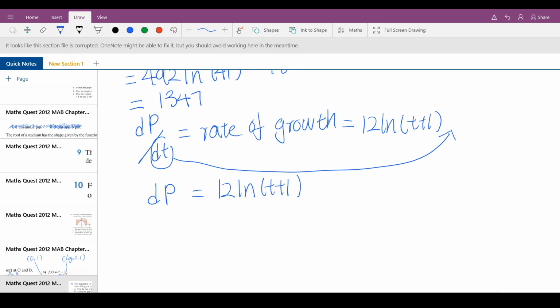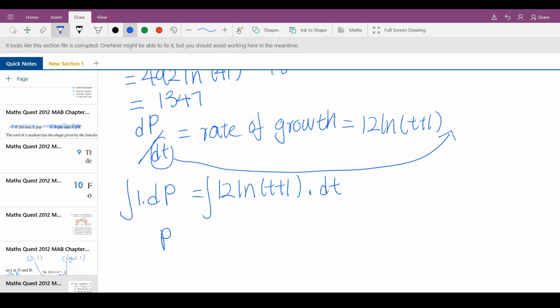Okay, go back to there. So what does the answer represent? We integrated the growth rate function with respect to t. Remember, when we integrate both sides, this side is actually population. The rate of growth is population over time, so when you integrate the function with respect to t, the time factor is gone.